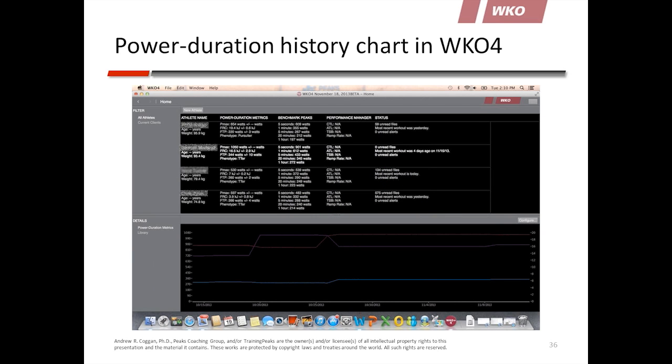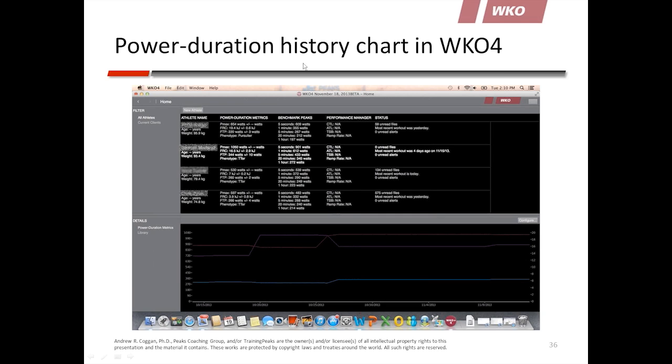And then finally, if you want to carry the idea to sort of like, well, how low can you go, right? It's possible to prepare a power duration history chart in WKO4, at least in the beta, looking backward in time to what's happening to these model fit parameters as one day rolls in and another day rolls out.